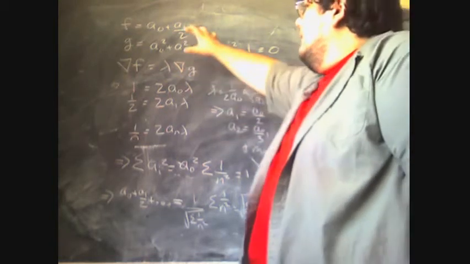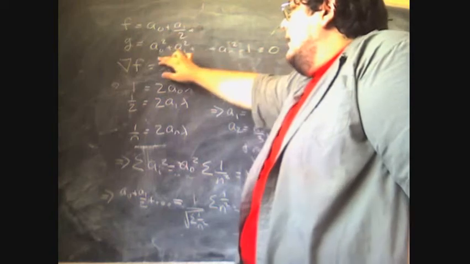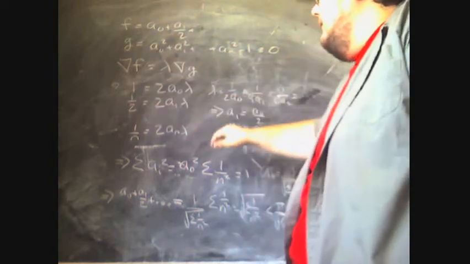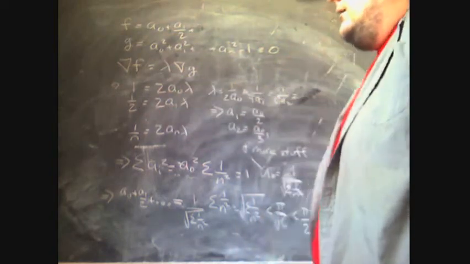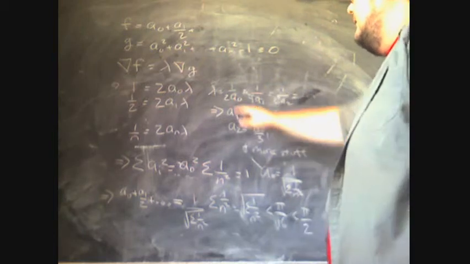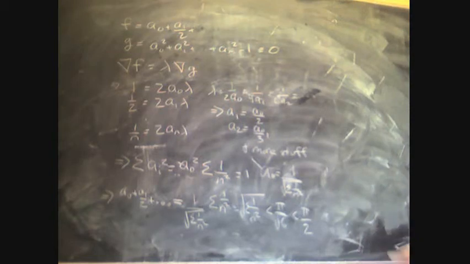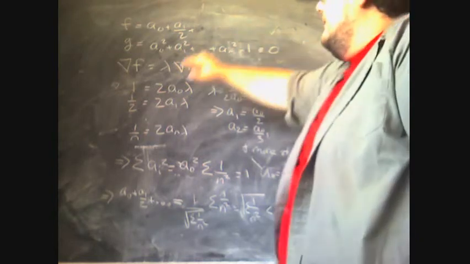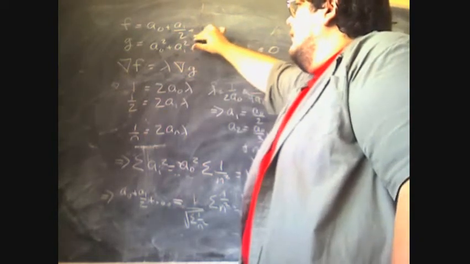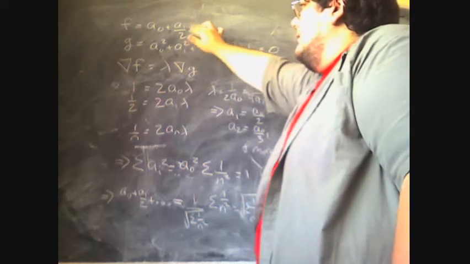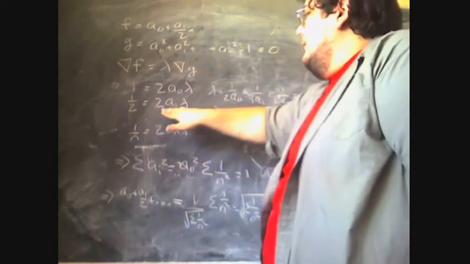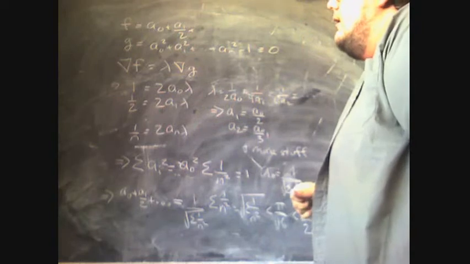So taking the derivative of both sides with respect to a0, we just get 1 for f and 2 a0 lambda for g. So then lambda is just 1 over 2 a0. That's okay, but what is a0? We don't know yet. Doing the same thing for a1 over 2, the derivative of that with respect to a1 is just 1/2, and again we get 2 a1 lambda on the right side.